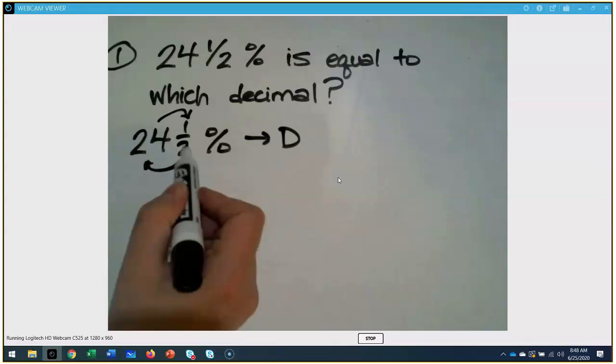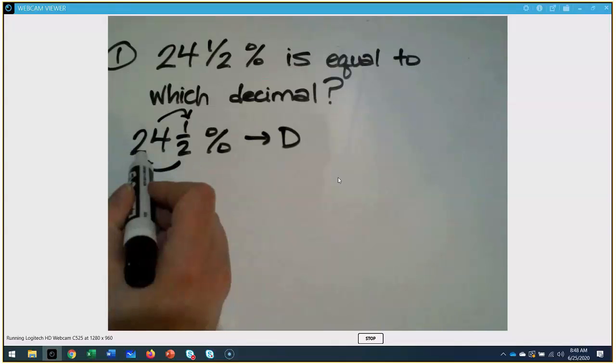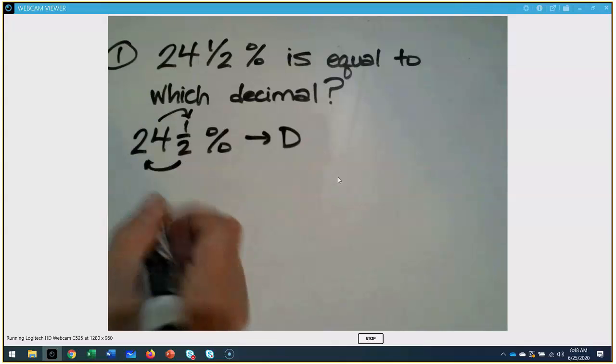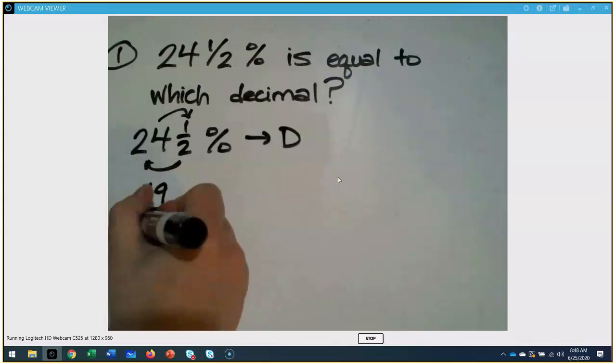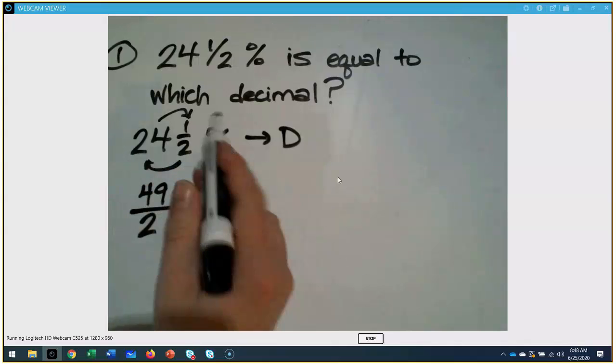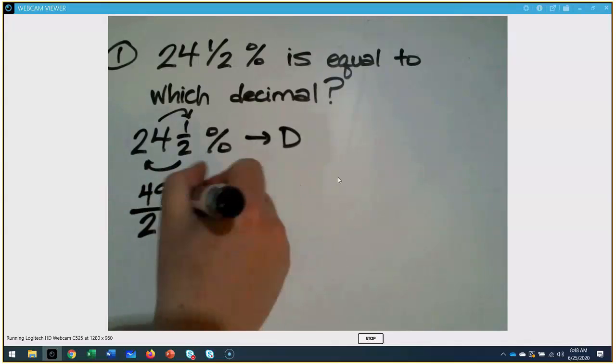So 2 times 24 is 48, plus 1 is 49. And that's over 2, but the percent sign is still there.